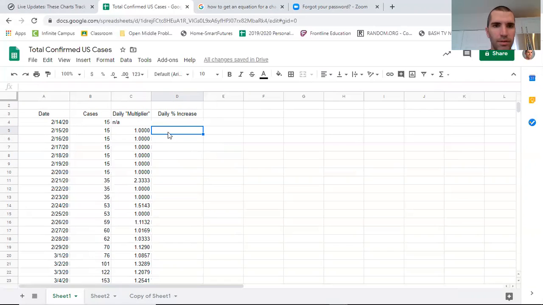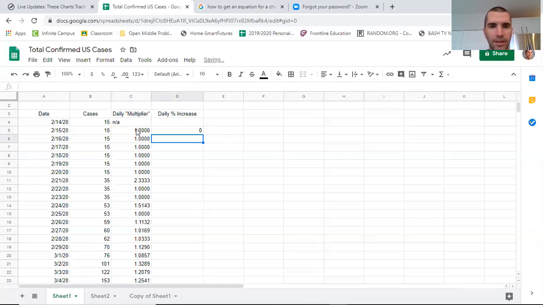So we're going to click on cell D5, push our equal button again, a parenthesis, and then click on cell C5. Remember, right now that's a decimal, so we have to change that to a percent. So we multiply that by 100, close the parentheses, and then put minus 100, because we're subtracting 100% from it.